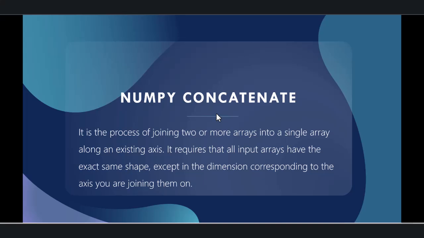It is the process of joining two or more arrays into a single array along an existing axis. It requires that all input arrays have the exact same shape except in the dimension corresponding to the axis you are joining them on. After joining, we will make it a single array along an existing axis.